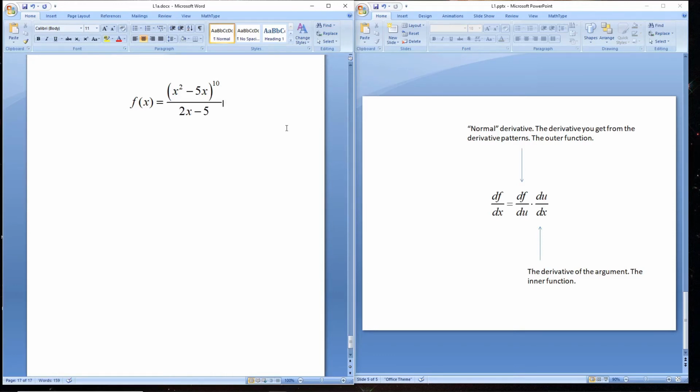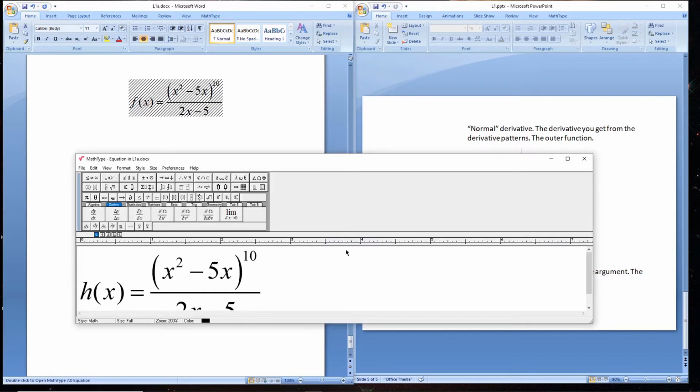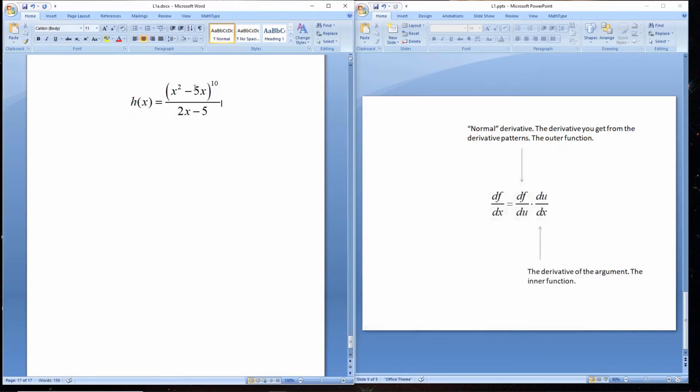So let's check out this example. This is a chain rule with a quotient. Now, how would you know that? Well, first off, let me get rid of this F. First off, you want to identify what you have.